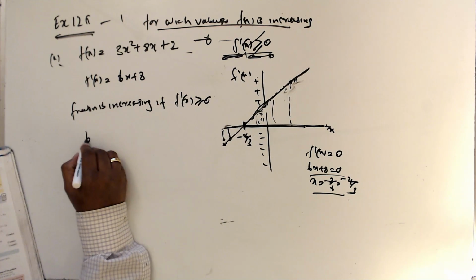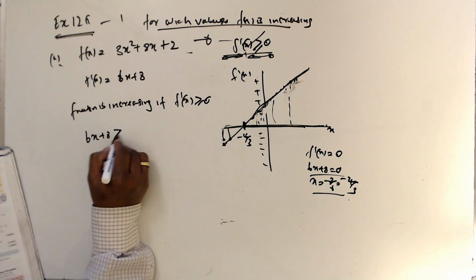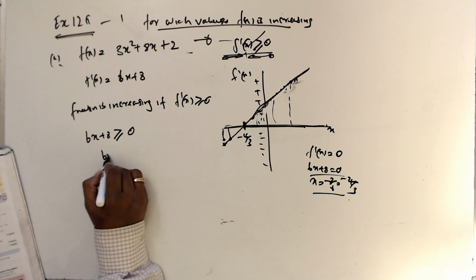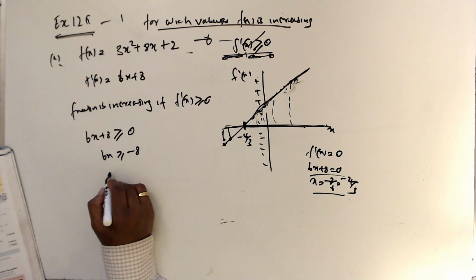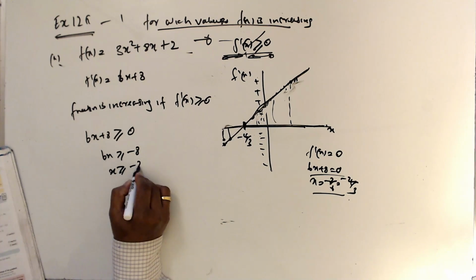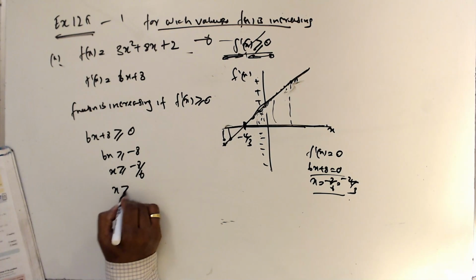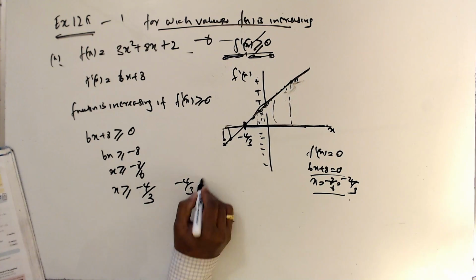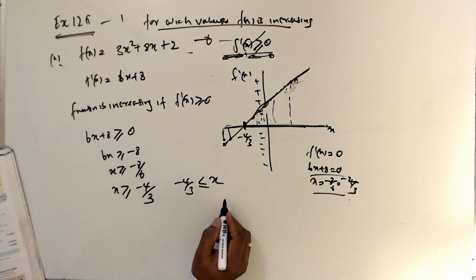So 6x plus 8 is greater than or equal to 0. Then 6x is greater than or equal to minus 8, so x is greater than or equal to minus 8 over 6, which is minus 4 over 3. So x is greater than or equal to minus 4 over 3.